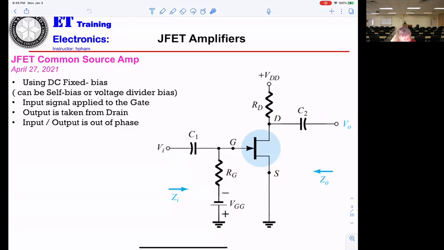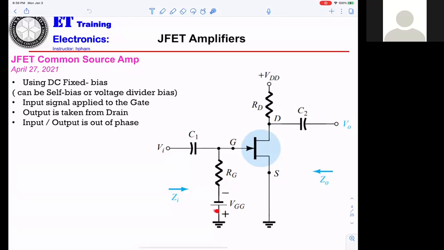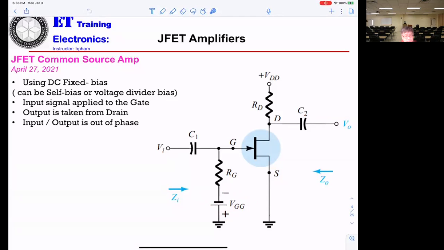They can build it by fixed bias, by self bias, or by voltage divider bias. So which one? Fixed bias. Right, yeah.